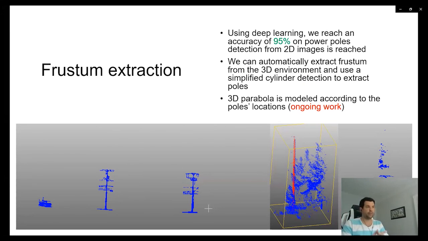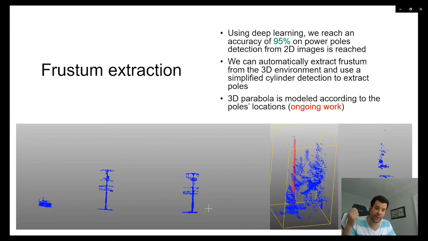And today we are able to detect 95% of the poles in 2D images. You can see the frustums are like a cube. Because we were detecting poles, we extract frustums of point clouds where there should be a pole. The frustum extraction today is automatic.